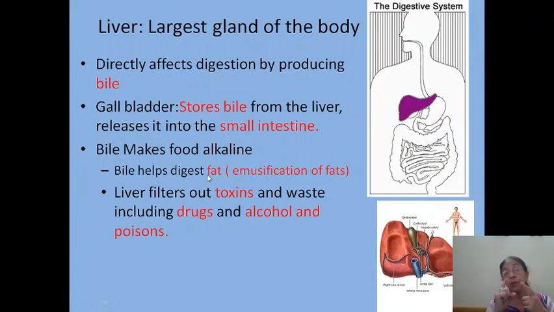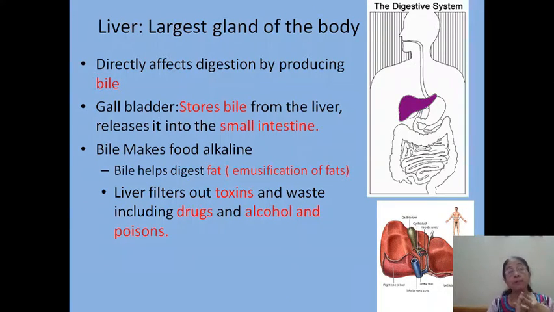So remember, we started with the mouth, में digestion शुरू हुई, वहाँ पर starch का digestion हुआ. Then stomach में आया, acid mix हुआ, उसमें पेप्सिन एक्टिवेट हुई और प्रोटीन का डाइजेशन शुरू हुआ. और फैट्स का डाइजेशन कहाँ पर शुरू होता है? स्मॉल इंटेस्टाइन में. कौन हेल्प करता है? बाइल जूस हेल्प करता है.